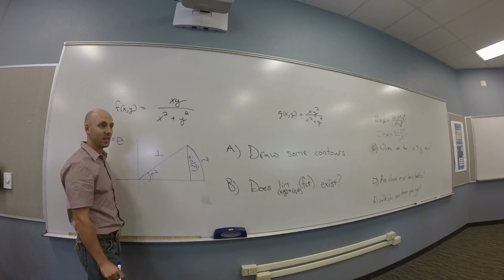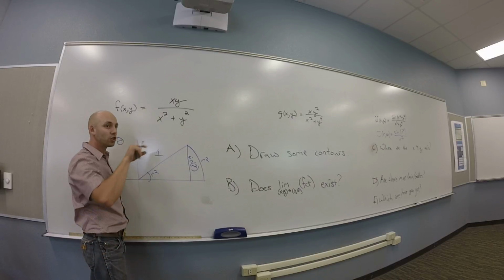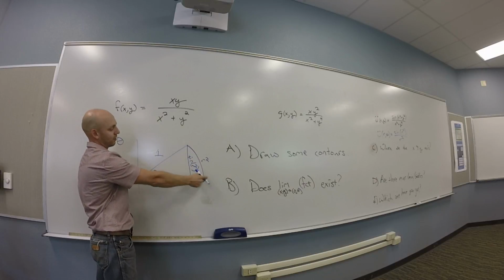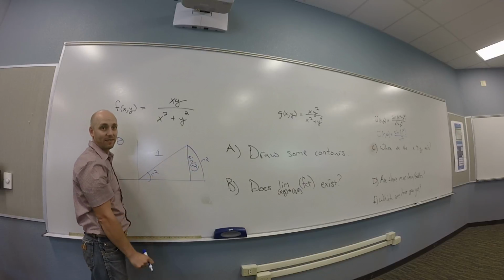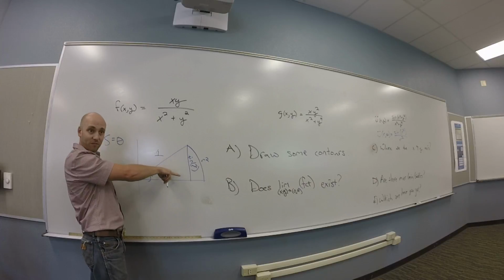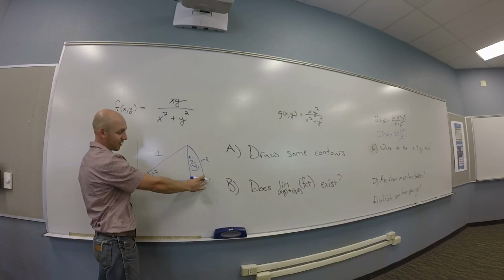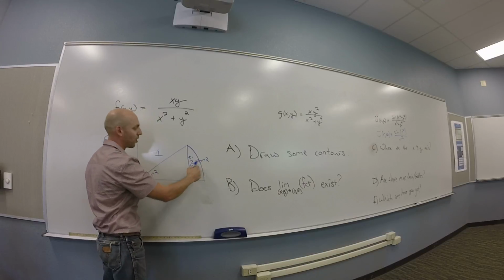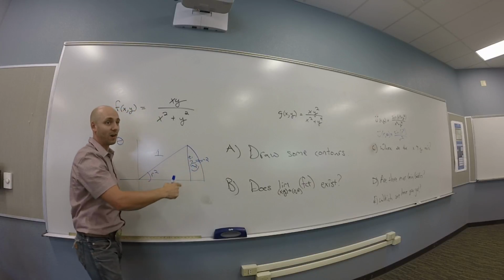You guys see that? As I shrink r squared, this length and this length both get smaller and closer. As we make this further and further down, they come together, right? So sine of r squared really is about r squared.